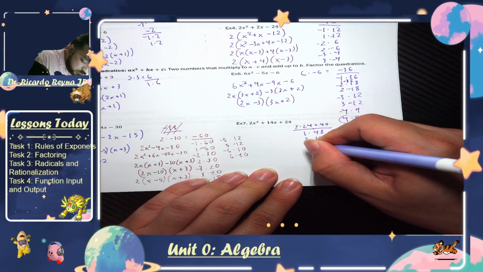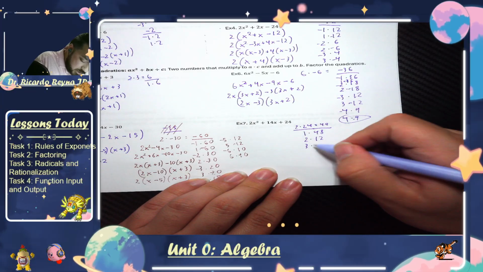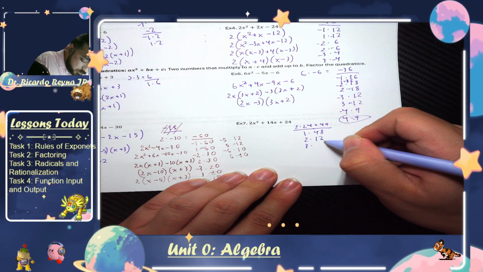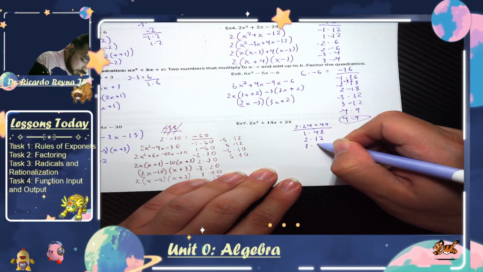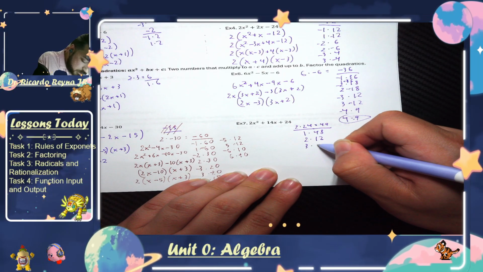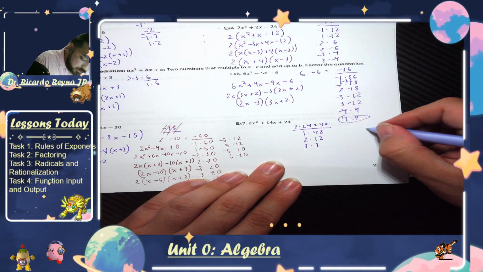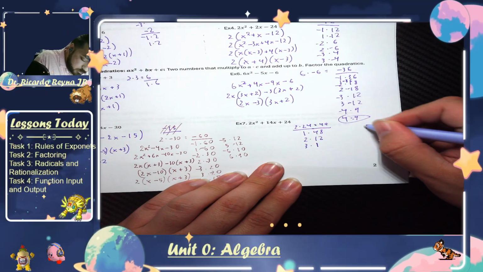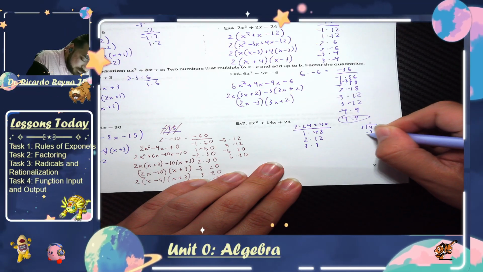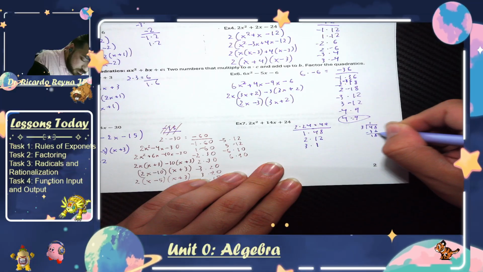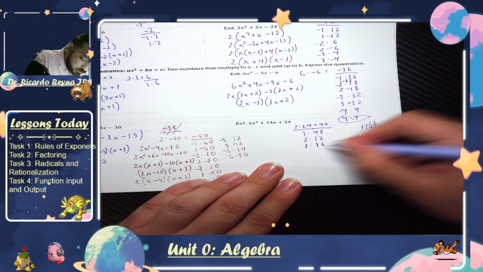2 times 12. 3 times, what is that? Here, let's do it out loud. 3, 6.